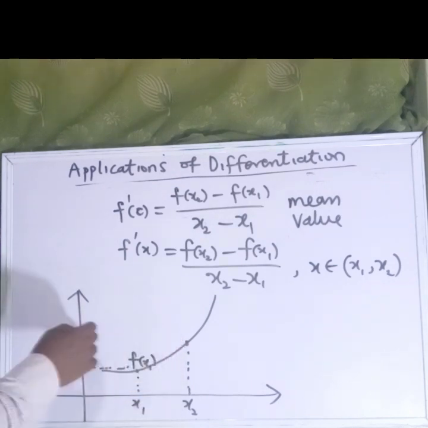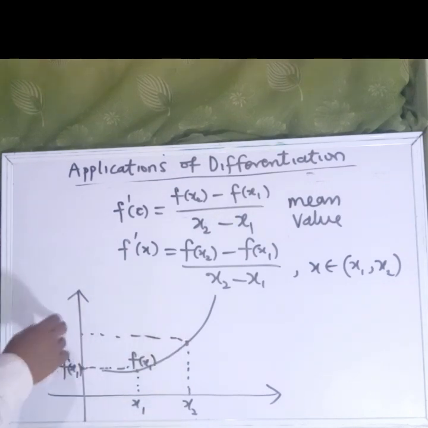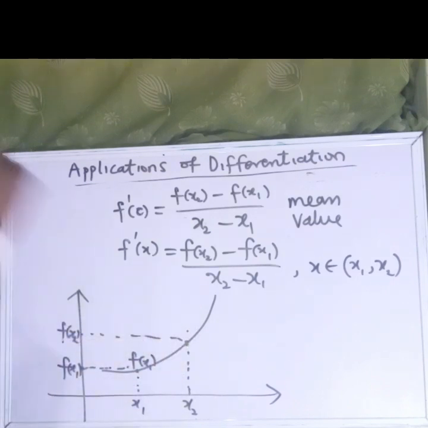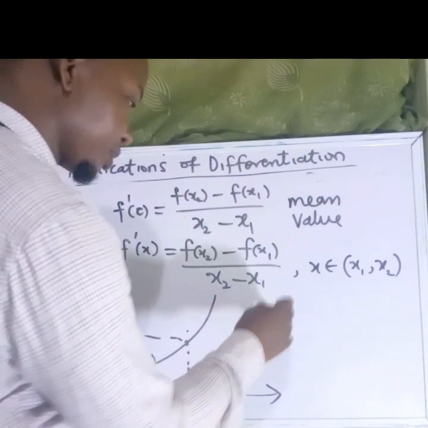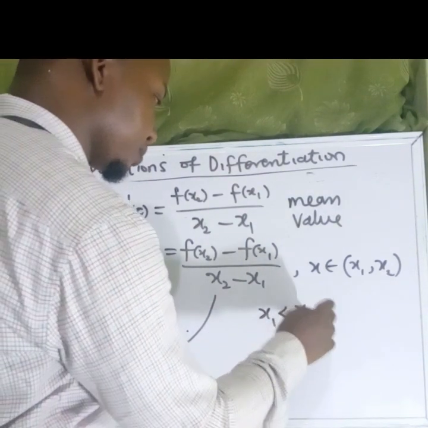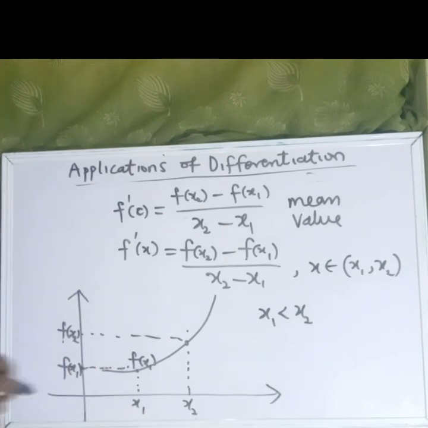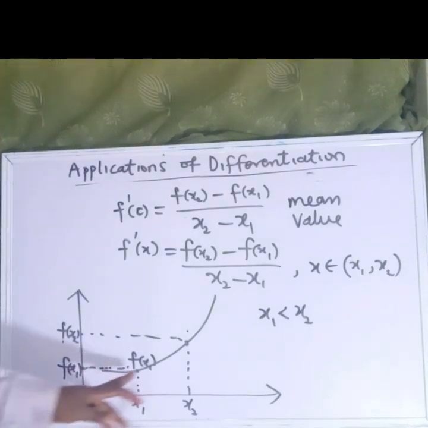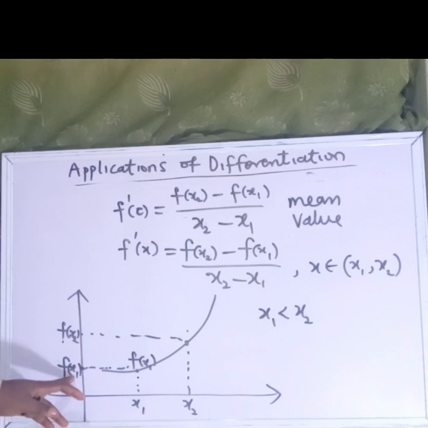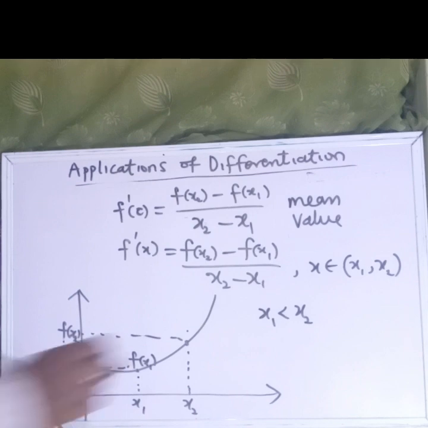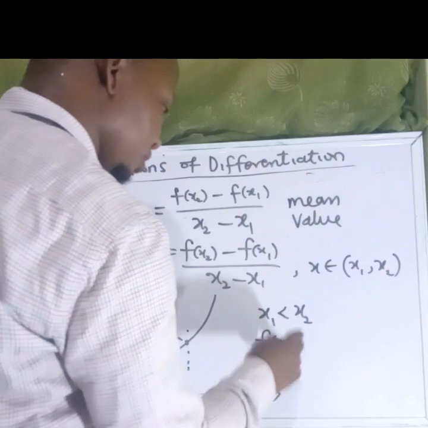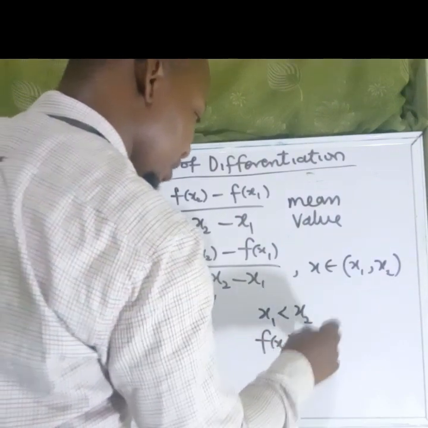The f of x2 also will be somewhere here. So it is obvious that x1 is less than x2. And here from our computation, we'll see that f of x1 is also less than f of x2.